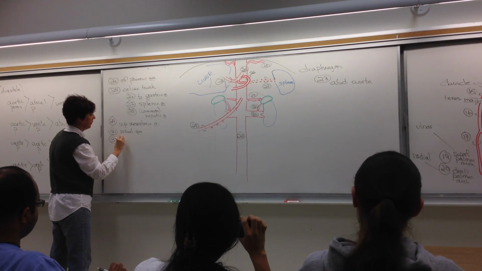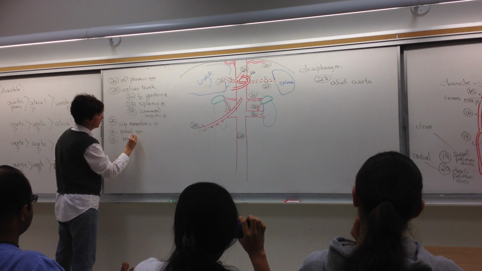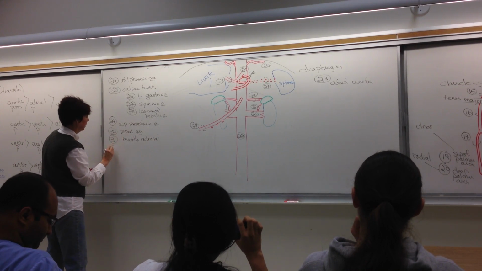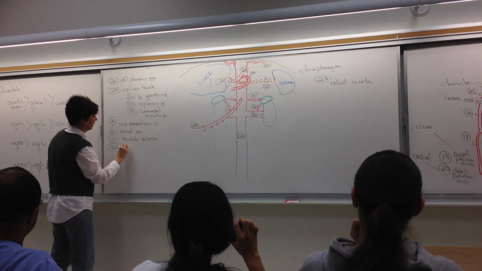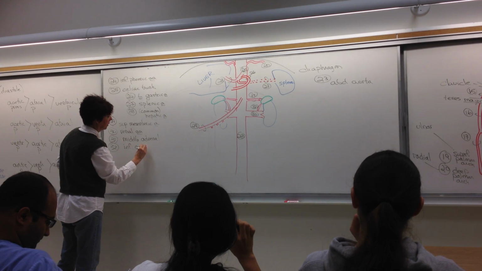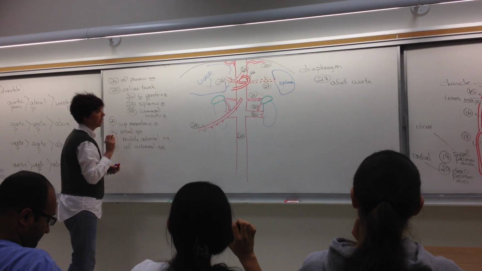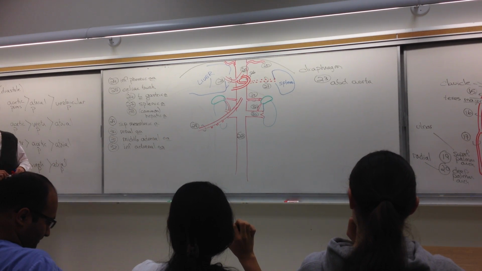So middle, coming from the aorta, and you can call them suprarenal or adrenal. And they're paired because we have two sets of those organs.